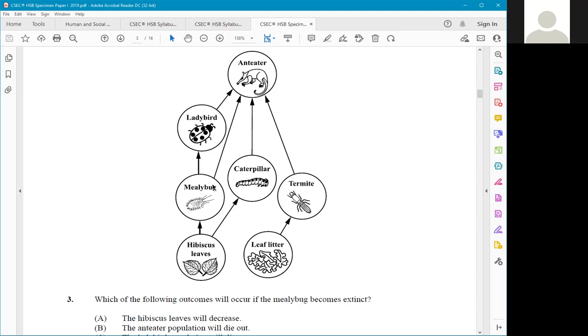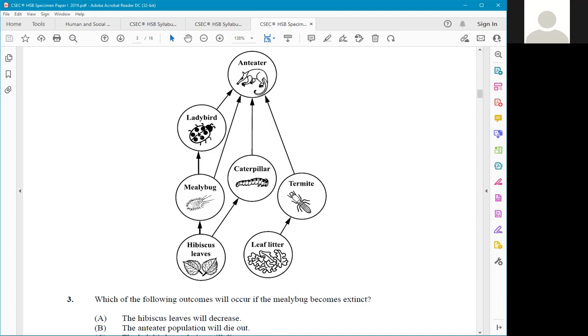The anteater will be eating more caterpillars and termites to supplement its diet because of the loss of the mealybug from its diet. So these populations might be affected more because you have more predation, and the hibiscus leaf might be more flourishing because the mealybugs are not affecting it, and that might cause an increase in the caterpillar population because the caterpillar has more healthy leaves to eat.